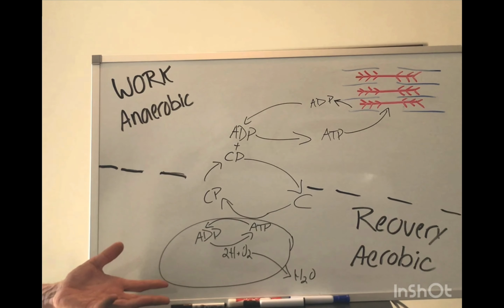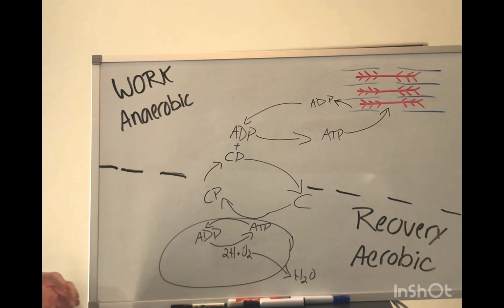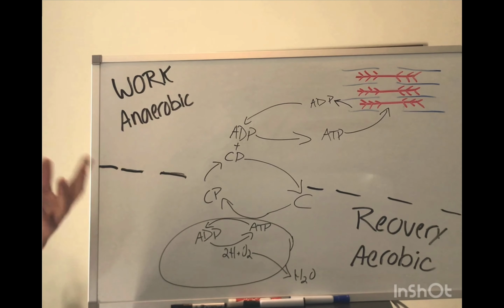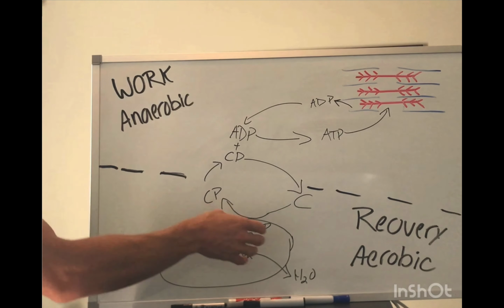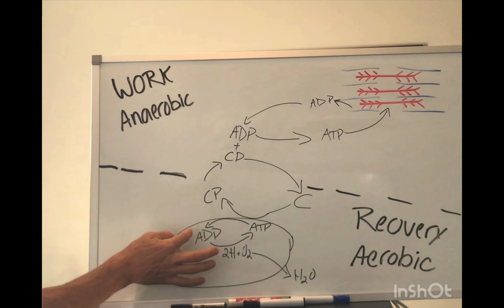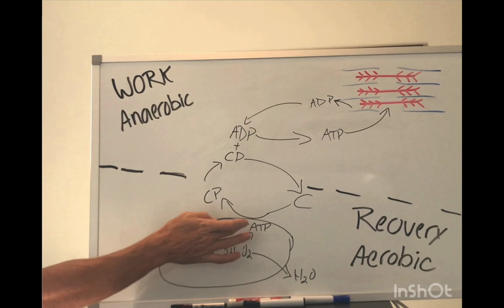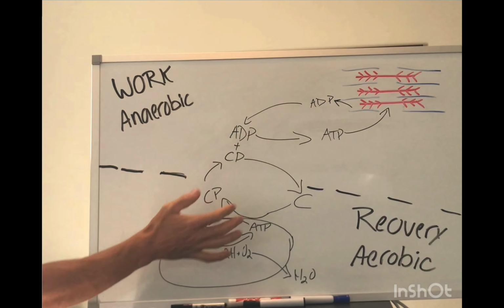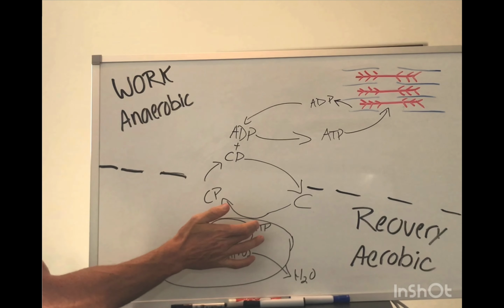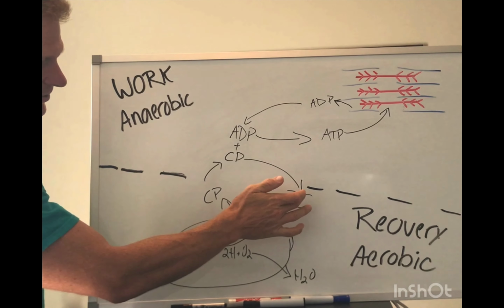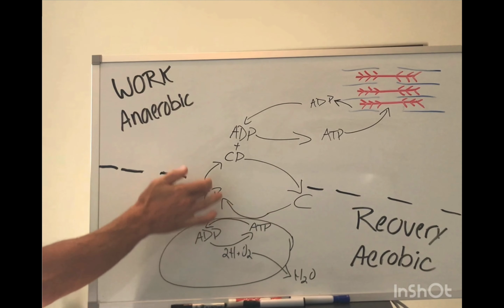You walk back to the huddle, you're breathing heavily. That additional oxygen you're breathing in is being used to make ATP. Except that ATP is not being transferred directly out into the cell. Instead, that ATP is being used to provide the energy to rebuild creatine back into creatine phosphate.